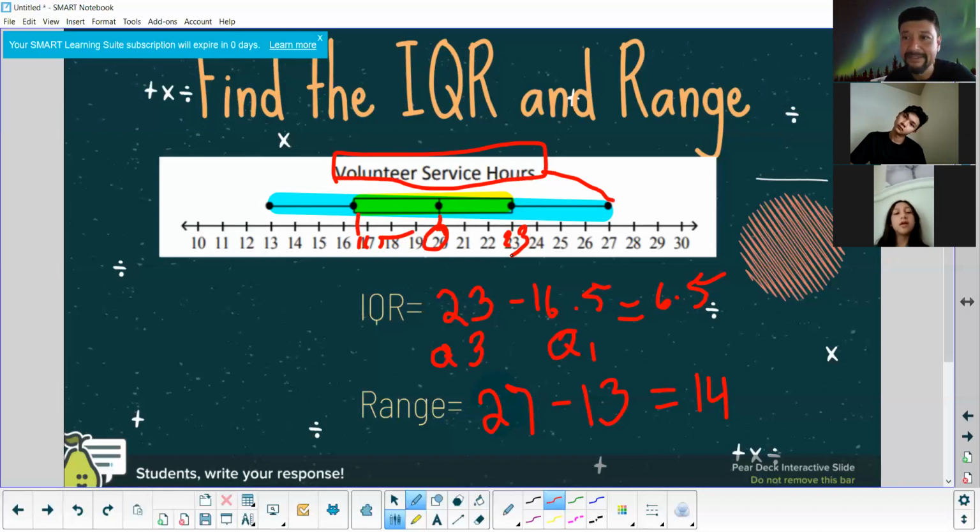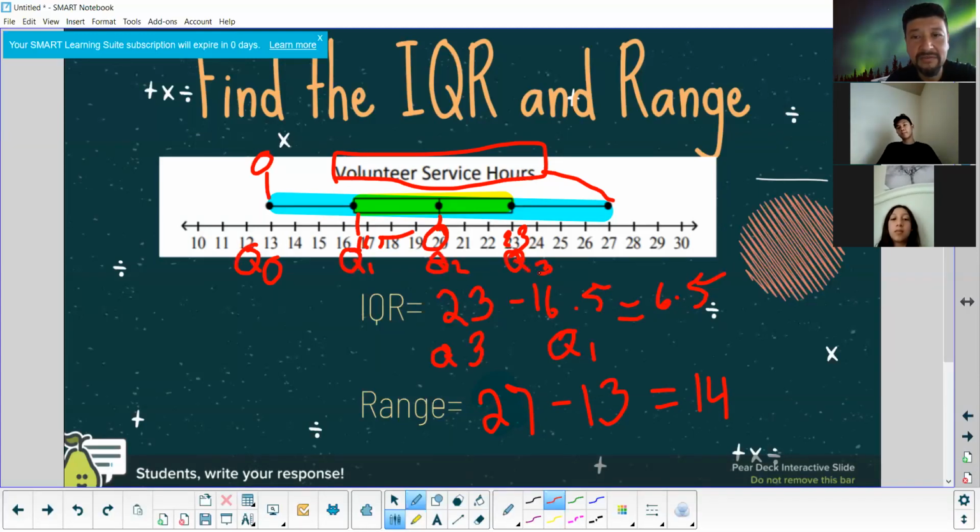Why did you do Q3 rather than Q2? Because technically, Q2 is the median. That's how they call the quartile range. This is the first quartile, because remember, this is 0. So they call this kind of like Q0, Q1, Q2, Q3, Q4.